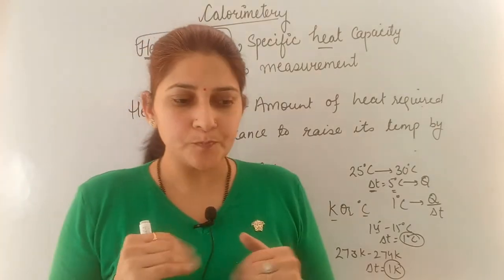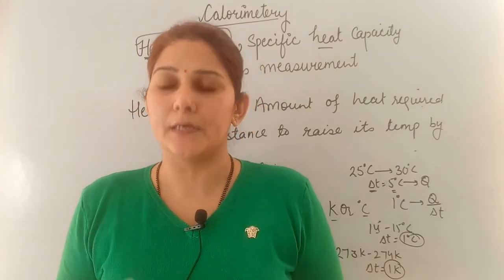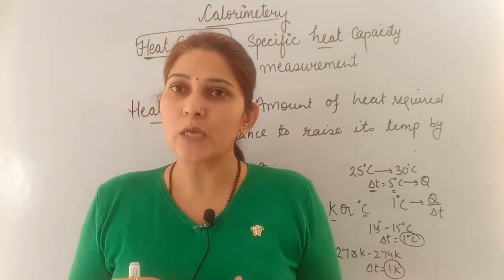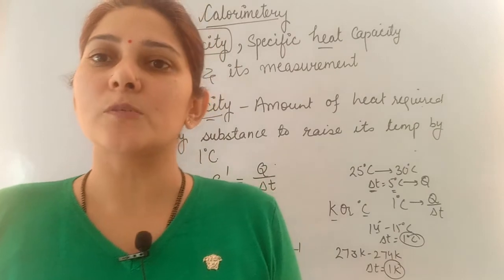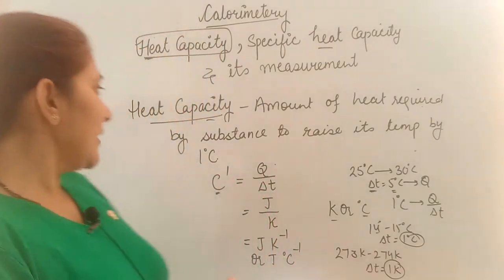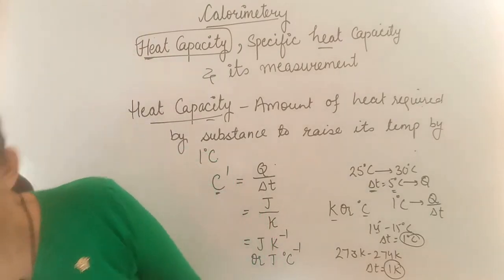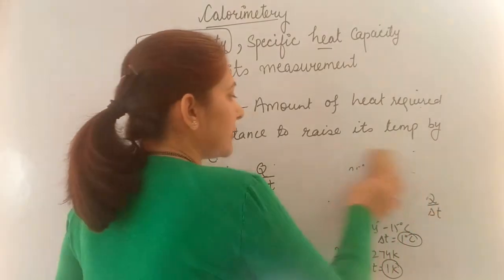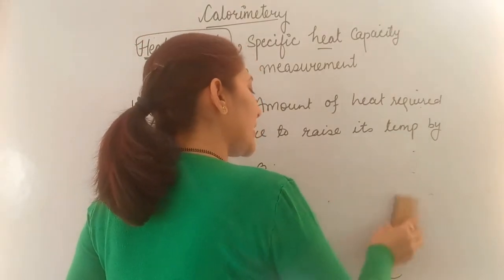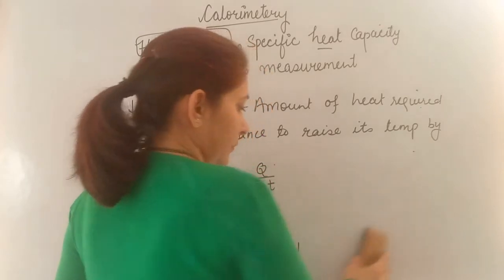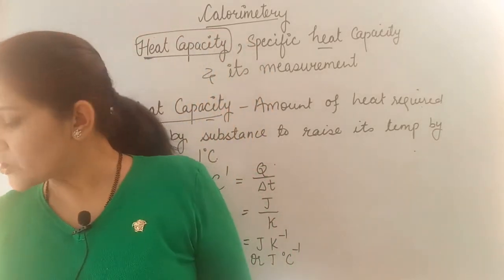Now we are going to study specific heat capacity. First question is, why are we going to study specific heat capacity? When we are talking about heat capacity, beta, I believe you have clearly observed that we are talking about a specific change in temperature.